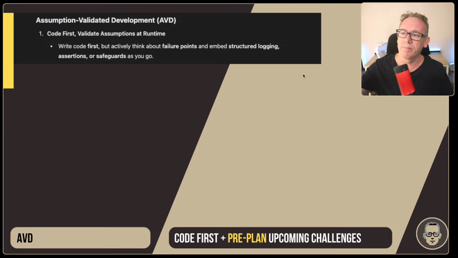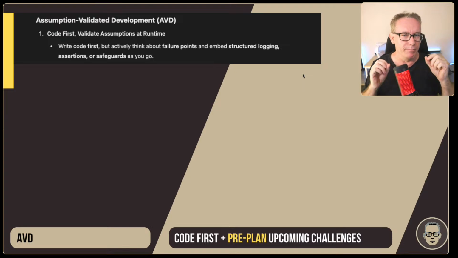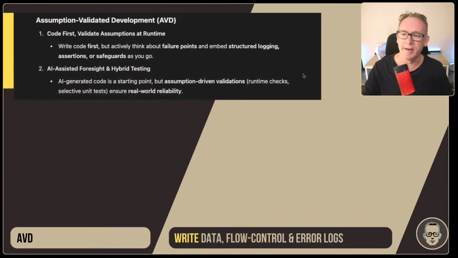And so basically we're still following the code first philosophy. We write code, but we plan for the different issues that might happen in the section of code we're about to write. So this is kind of a hybrid of TDD and CRD.